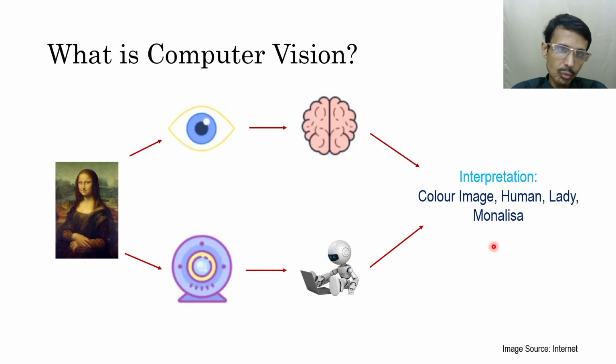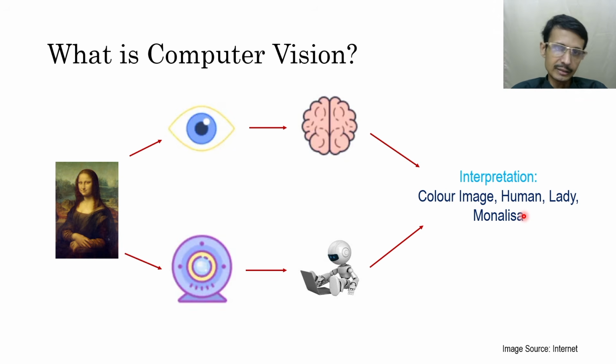So as a whole, the basic understanding of computer vision is that, seeing an image or video, can we interpret it at different levels of abstraction like our human brain does.